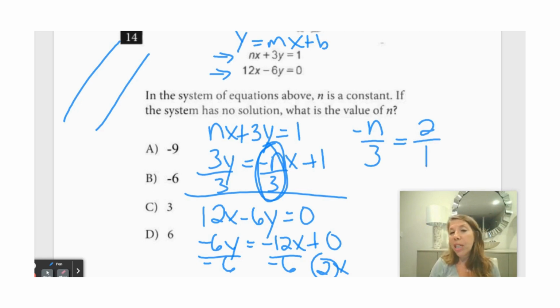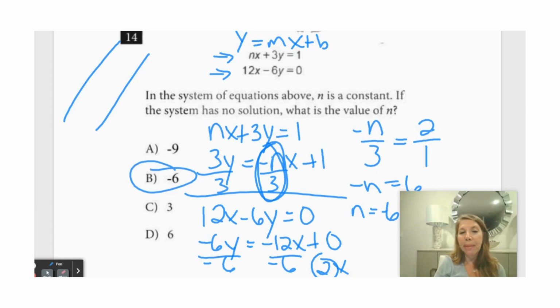Once we have two fractions with an equal sign, we can cross multiply. Negative n times 1 gives us a negative n, and 2 times 3 is equal to 6. Our negative n equals 6. If we divide both sides by a negative, we find out that n is equal to a negative 6, which is choice B, right over here.